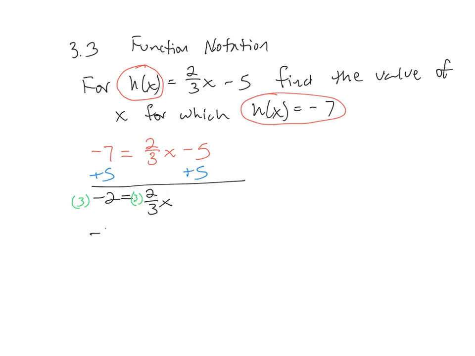And I would get -6 equals 2x. Like, the 3 just reduces itself out. And then it's pretty simple to just divide. So what this is saying is if you plugged in -3 and then worked it out, you would get -7.